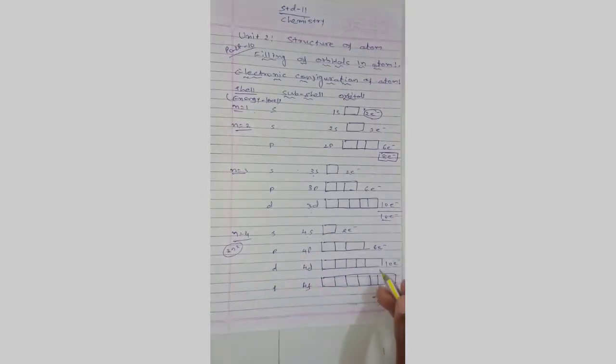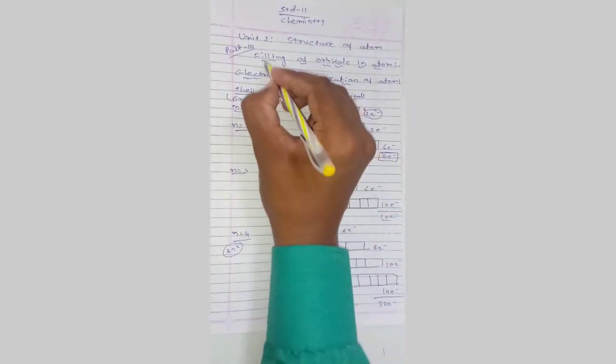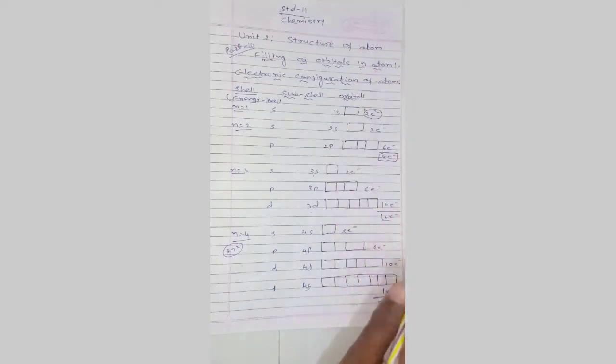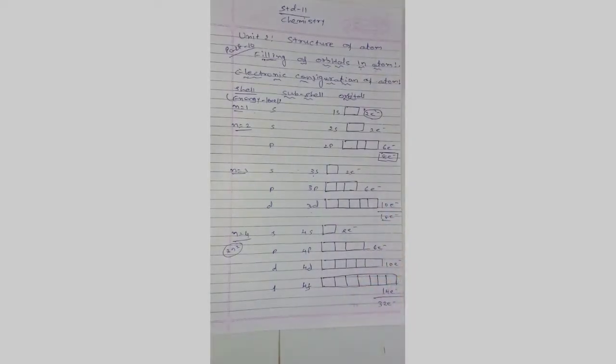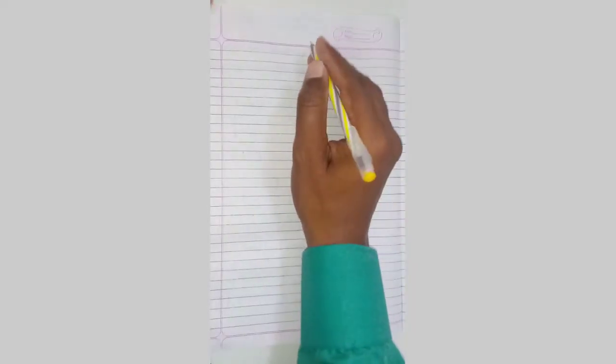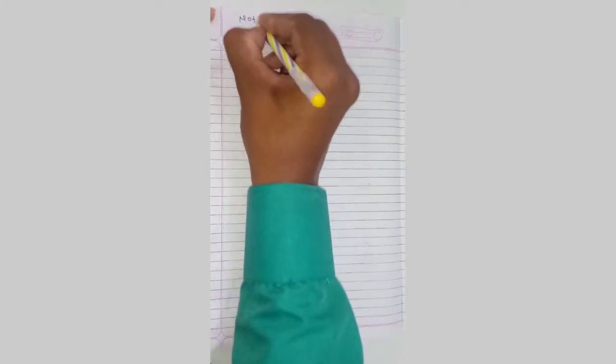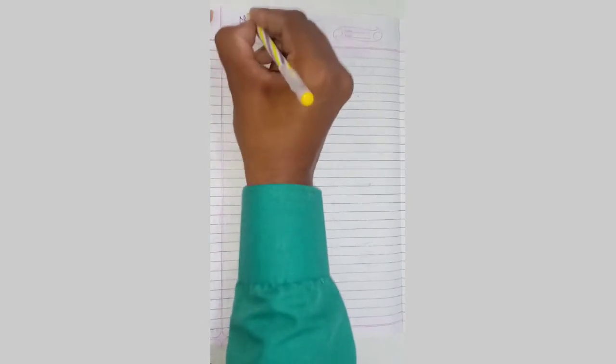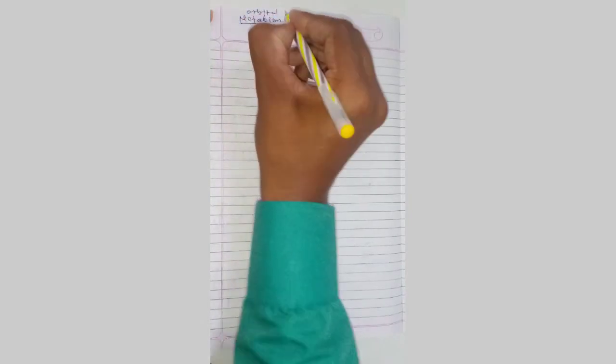Okay, now how the filling of orbitals in an atom. And here orbital notation.